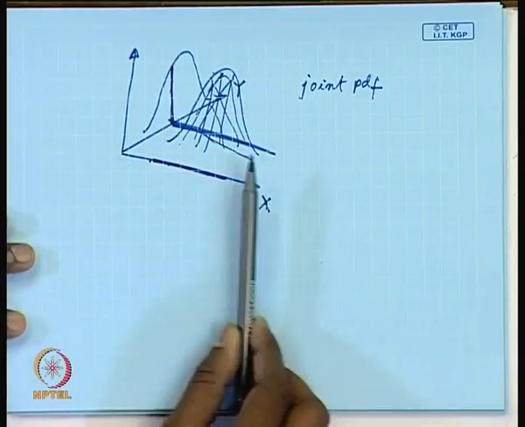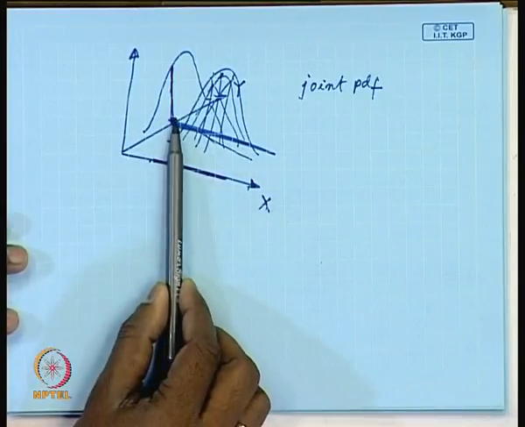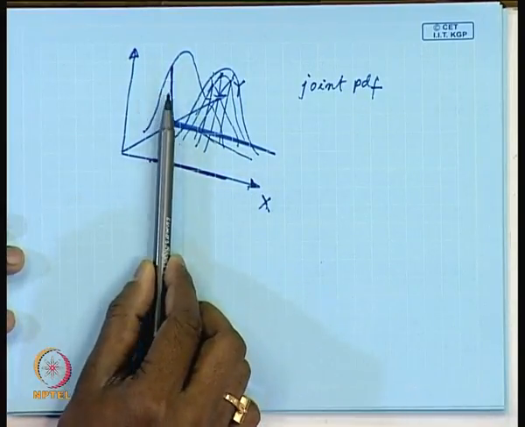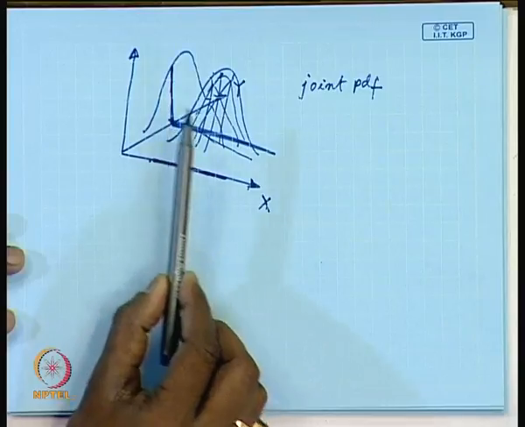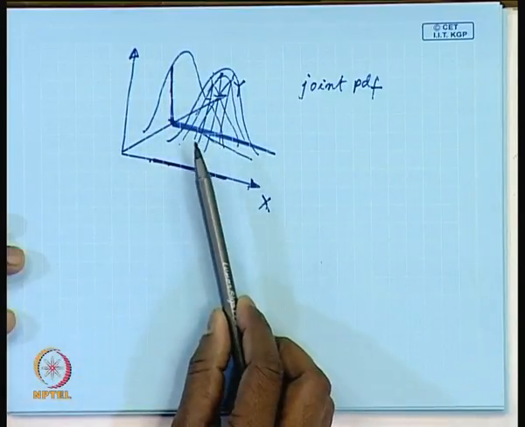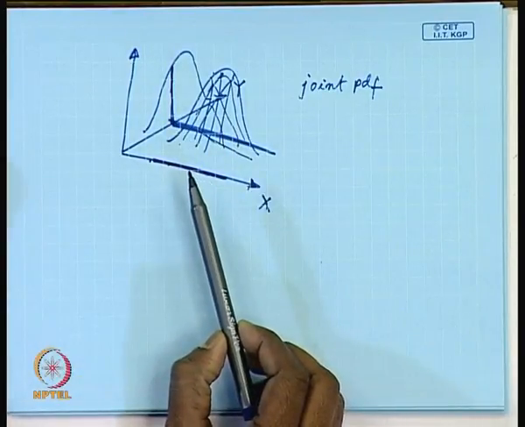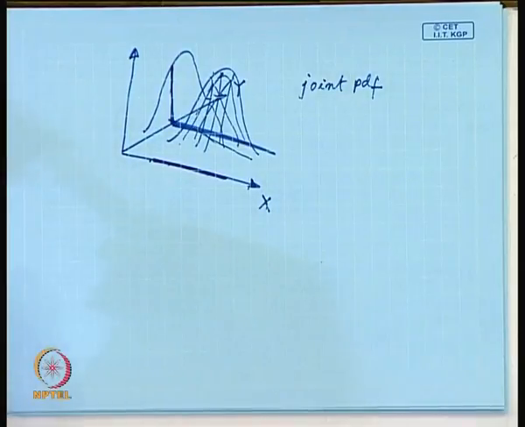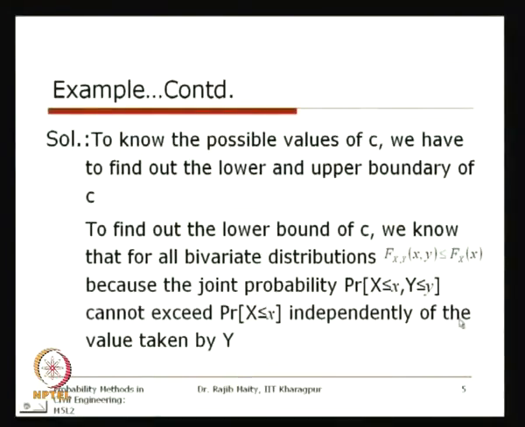What is important here is that the marginal is obviously greater than the joint PDF. That is the property being used here: the joint PDF, for any x and y, should be less than or equal to its marginal.